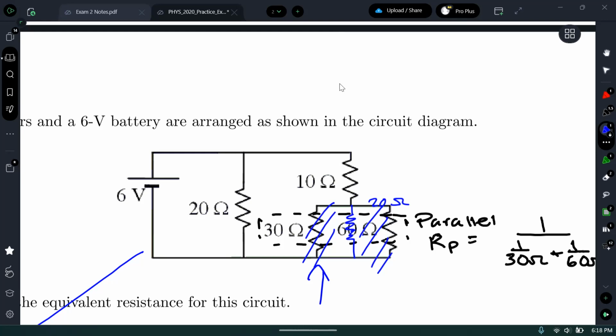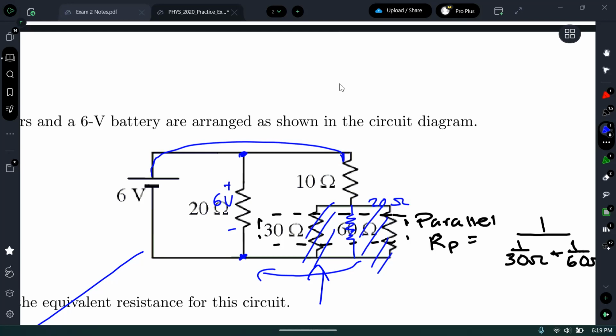And more importantly, they don't have the entire 6 volts across either one individually. You're dropping 6 volts as you go across both together, because that's how you get back to the negative terminal of the battery. And same for this resistor. I can tell that this has 6 volts across it because it's sharing terminals with the battery. It doesn't matter how you get from one point to the other for voltage, it's path independent.